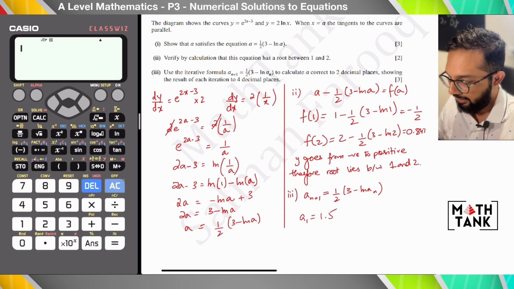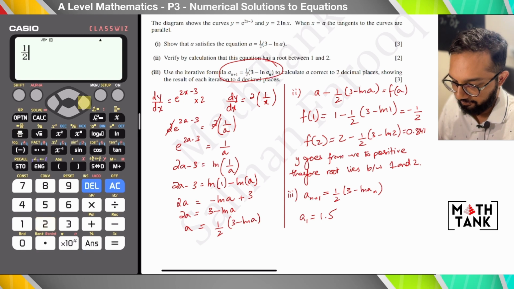Let's again construct this on our calculator. I'm going to use this iterative formula, and I'm going to write half into 3 minus ln answer. I didn't plug in the initial value, so I need to first do that. 1.5 equals, then half into 3 minus ln of answer.